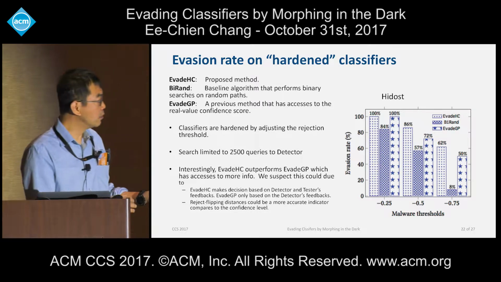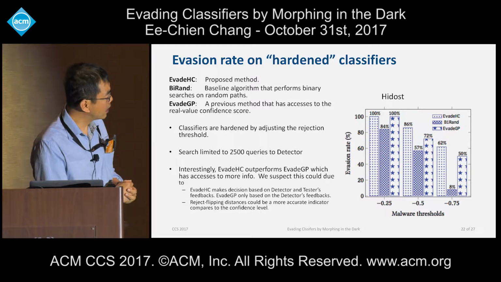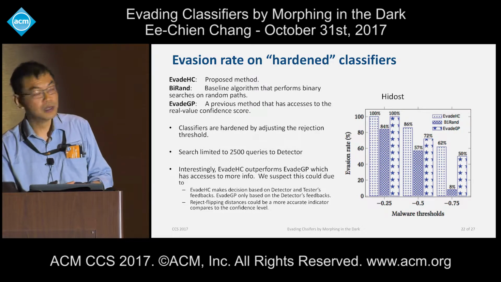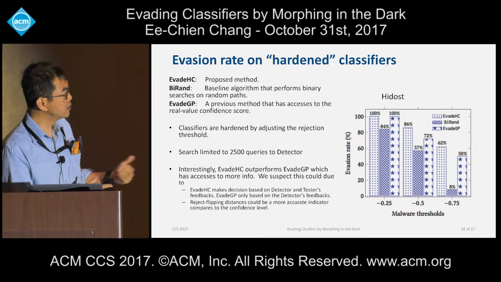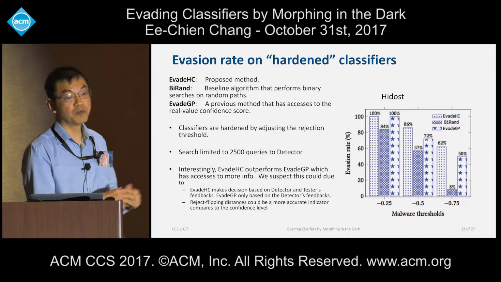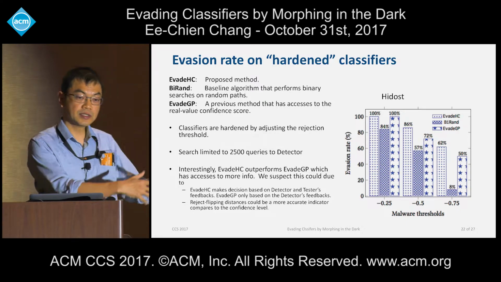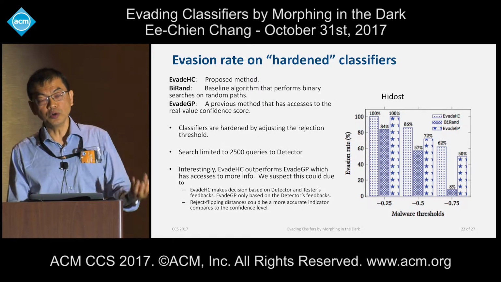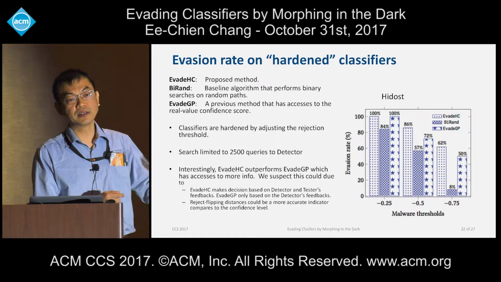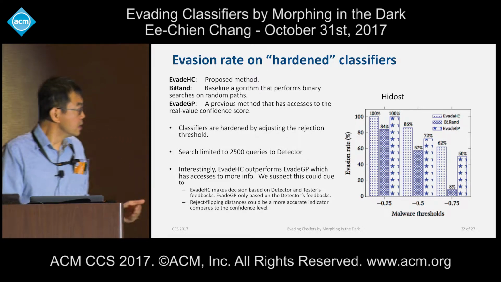And we also compare with another known algorithm called EvadeGP. This is a previously known method that has access to the real-valued confidence score from the detectors. Essentially, EvadeGP, from a set of candidates, chooses those samples that have a low confidence score as candidates in the next round.